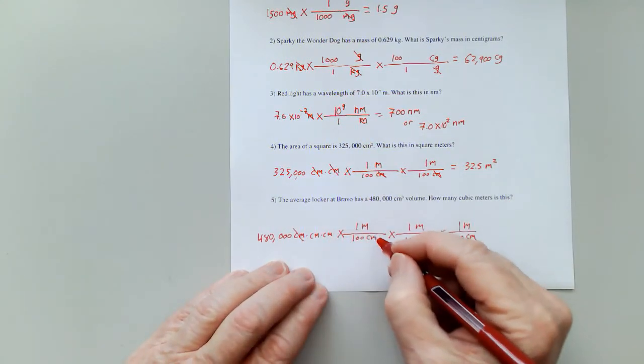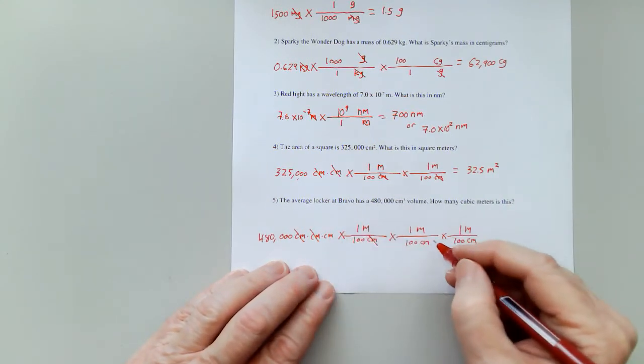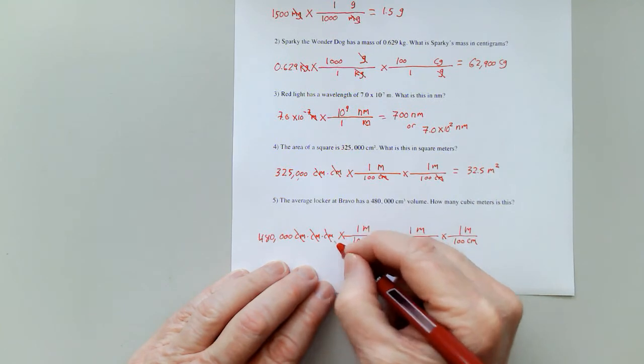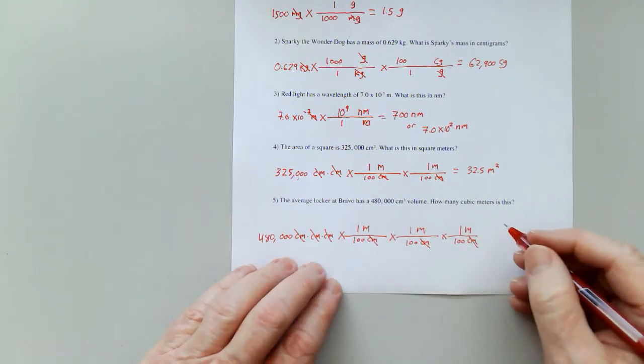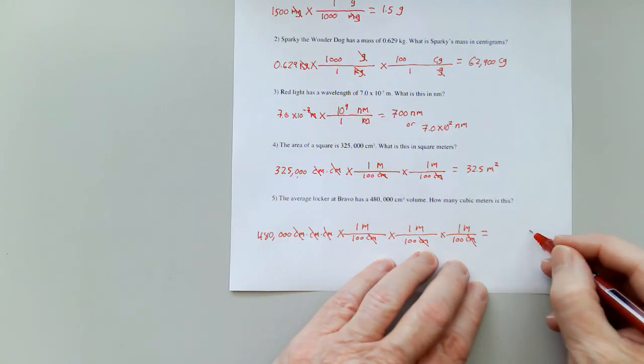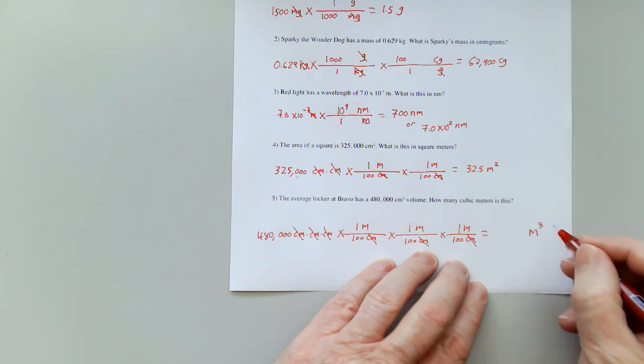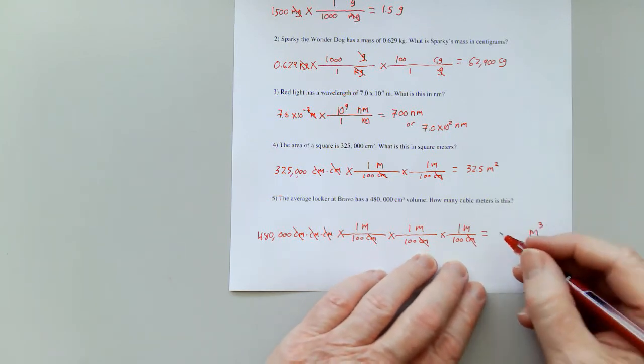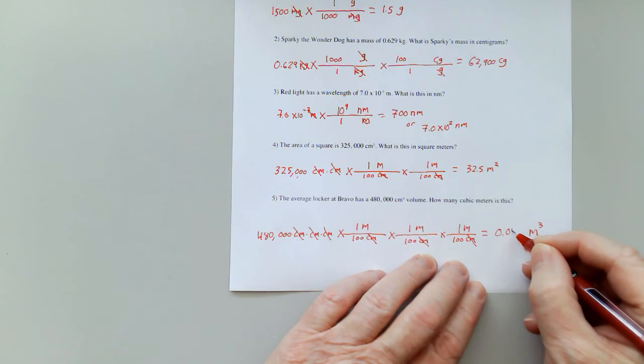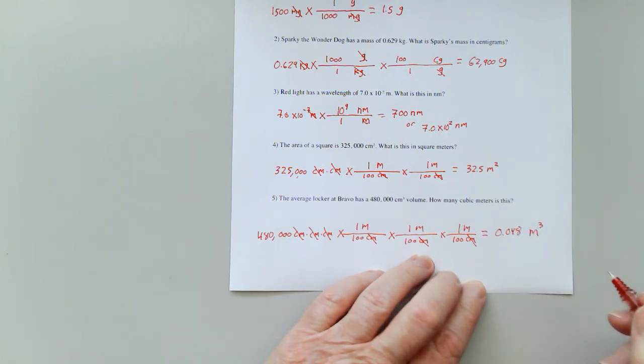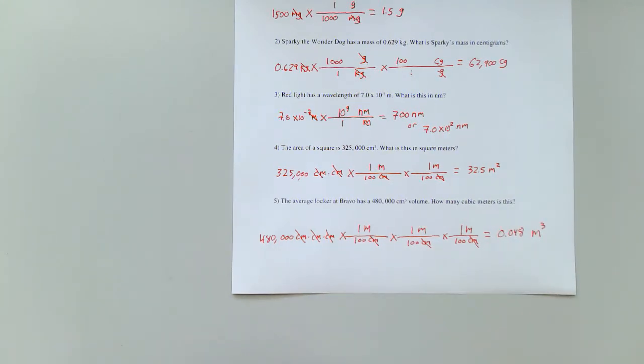So this centimeter cancels that centimeter cancels that centimeter, and that centimeter cancels that centimeter. So I'm now left with something in meters cubed. And when I run that through my calculator or do it in my head, I get 0.048 meters cubed.